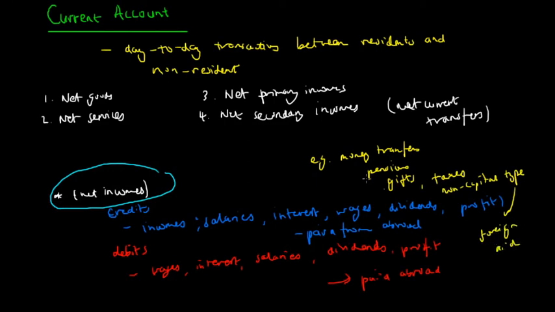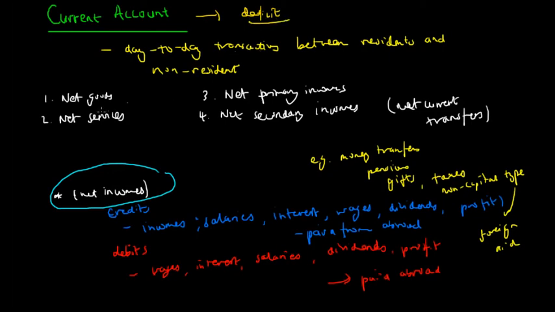Okay, so there are 4 different categories summing up the current account. So you've got net goods, net services, net primary incomes, and net secondary incomes. So the current account at the moment in Australia is in deficit.